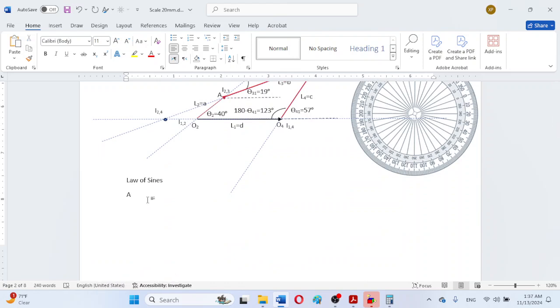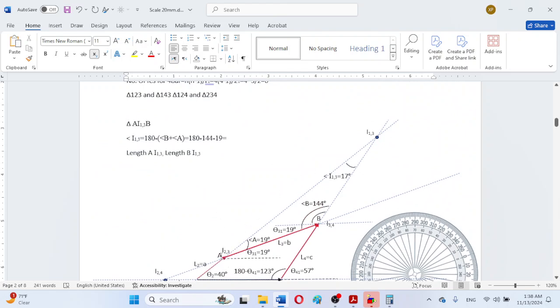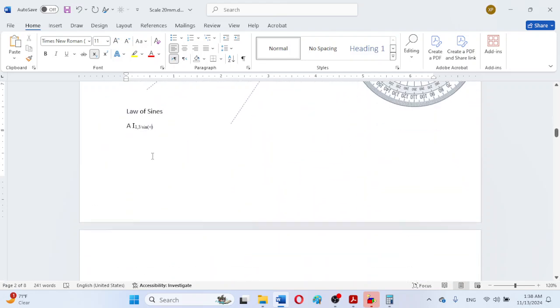A I1,3 divided by sine of angle, because in front of the side A I1,3, the opposite angle is the angle at B. So we can type it here like this.